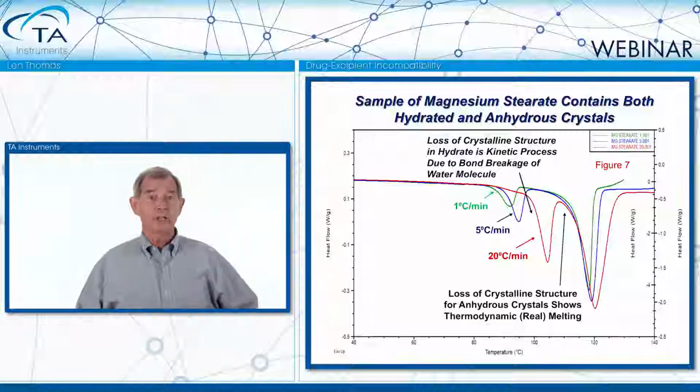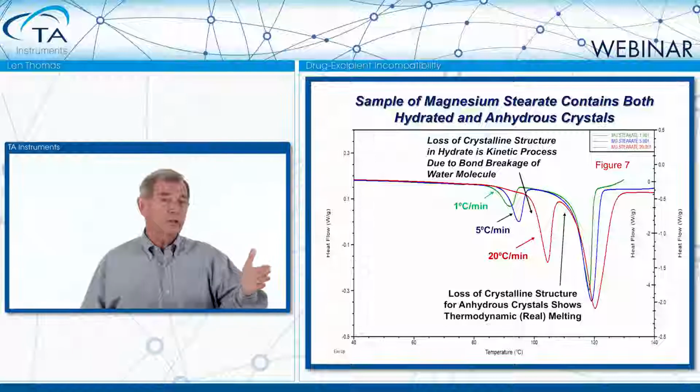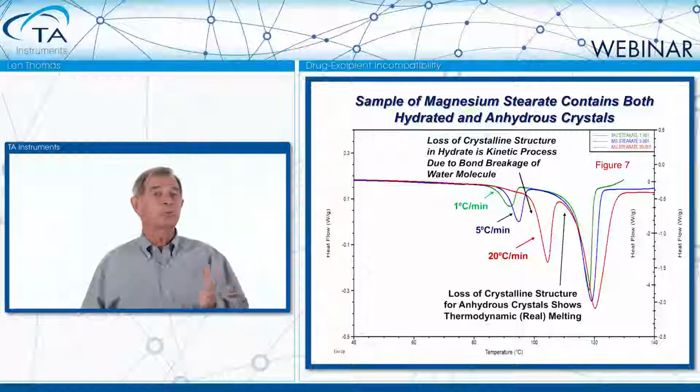And using the TGA data, we confirm that the first endotherm is the result of the dehydration step. Okay, that's where we're breaking off the water molecule. Since there's a chemical change taking place there, it's not surprising that when we change our heating rate 1, 5, and 20, that first peak shifts with heating rate because there's a chemical process behind that conversion from crystalline to amorphous.